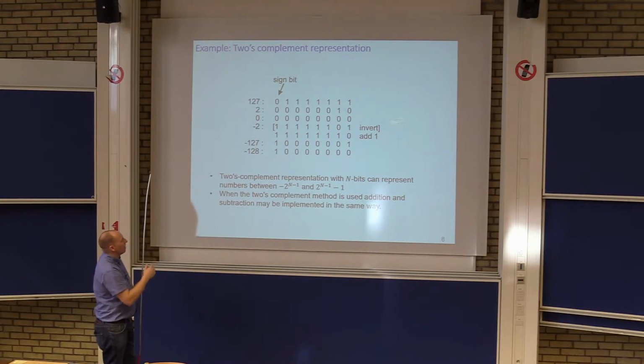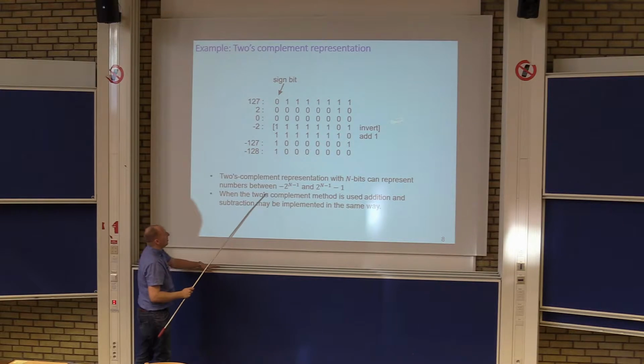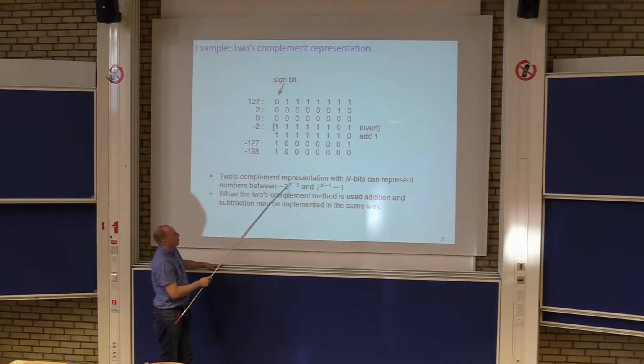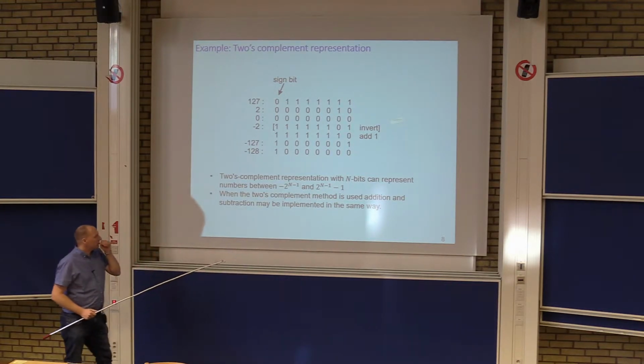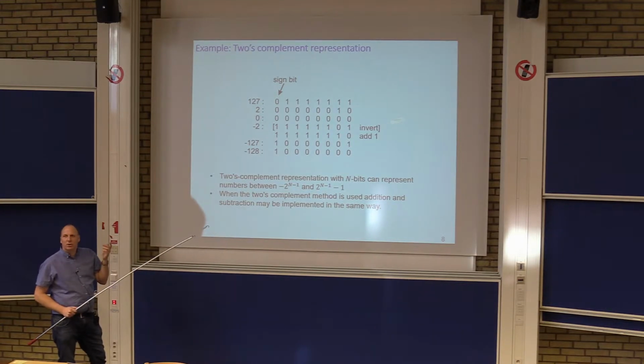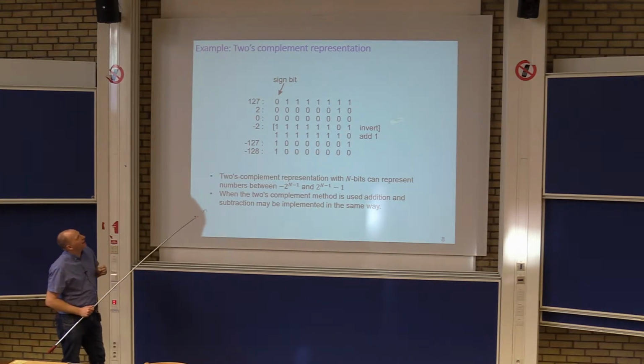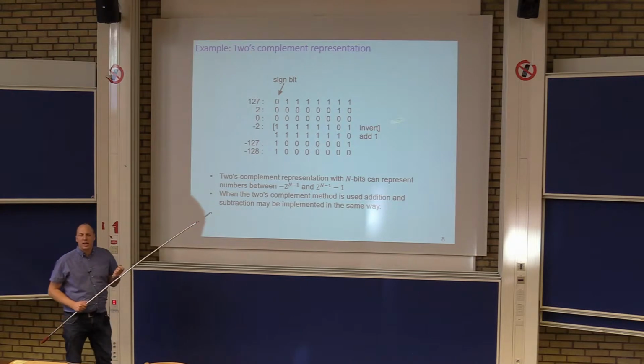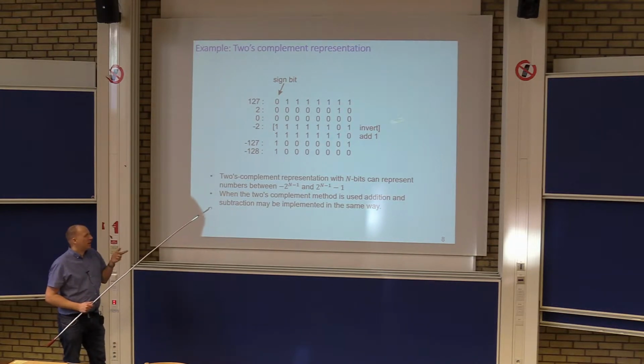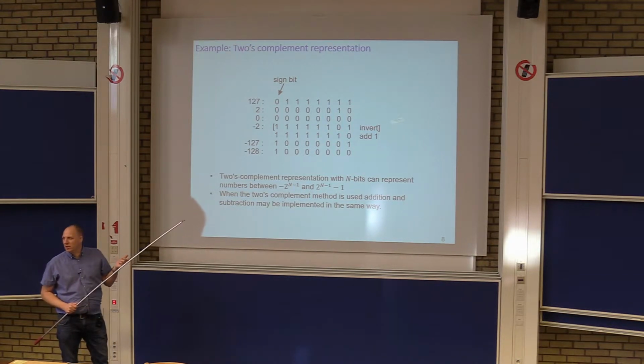And if we do this, if we have n bits, we can represent any number between -2 raised to the n minus 1 and 2 to the n minus 1 minus 1. And what is really useful here is that you can then implement addition and subtraction using the same hardware in the same way.